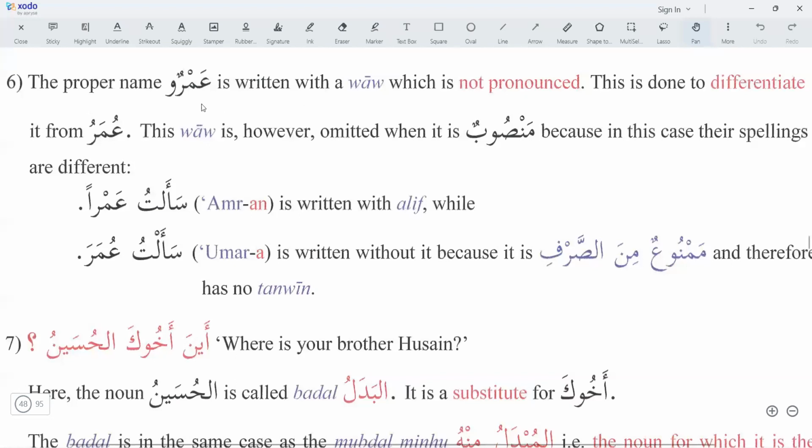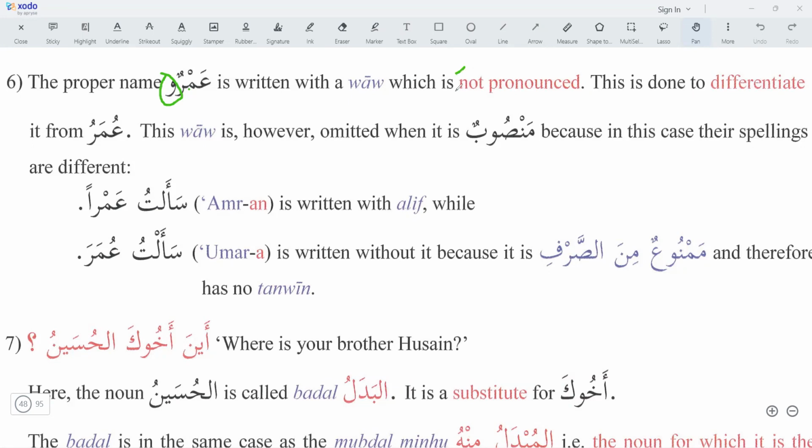The proper noun amrun is written with a vowel which is not pronounced. We have added an extra vowel with the proper noun of amrun. Why we did this?